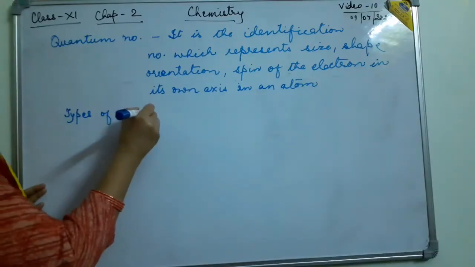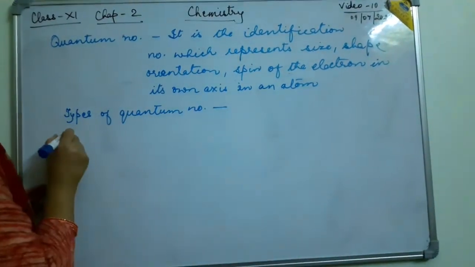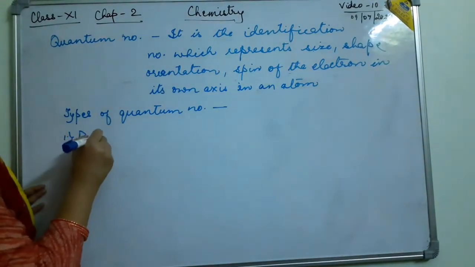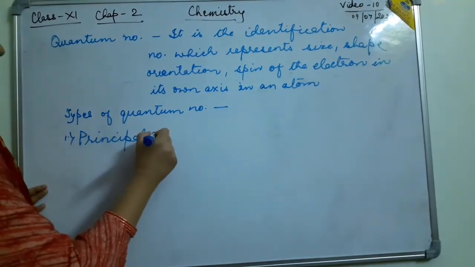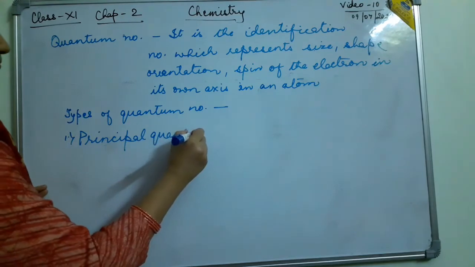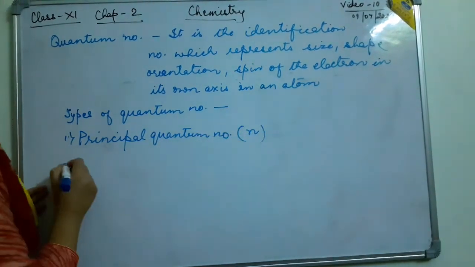The four quantum numbers are: first is the principal quantum number, represented by n.